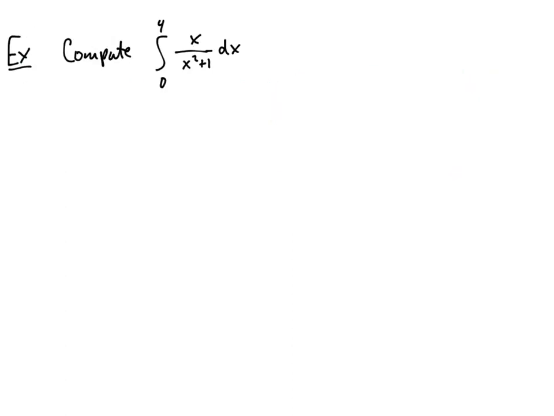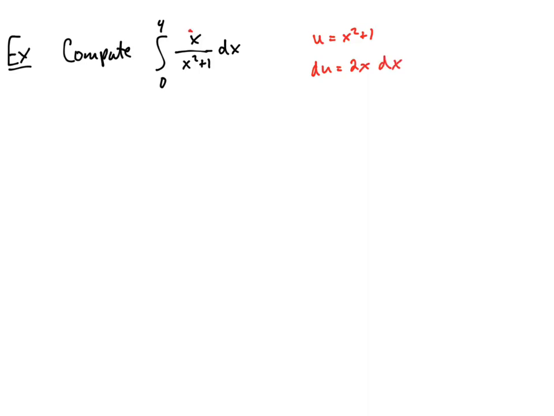Okay, so we want to compute the integral from 0 to 4 of x over x squared plus 1 dx. So our substitution is going to be, let's let u equal x squared plus 1, and then du will be 2x dx here.